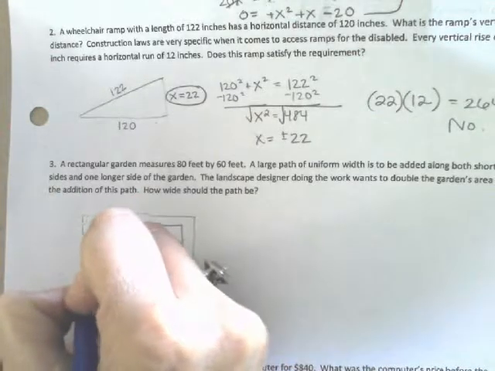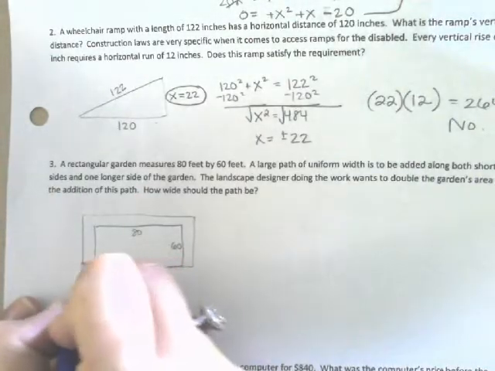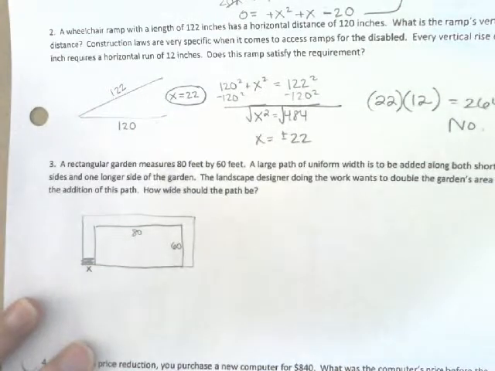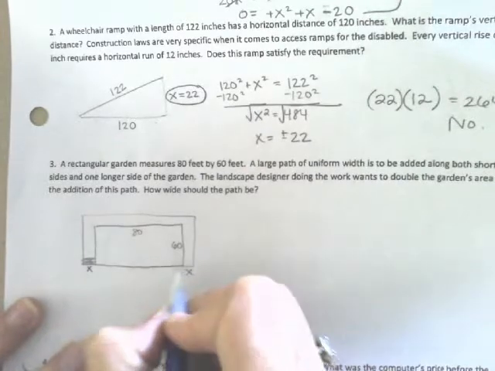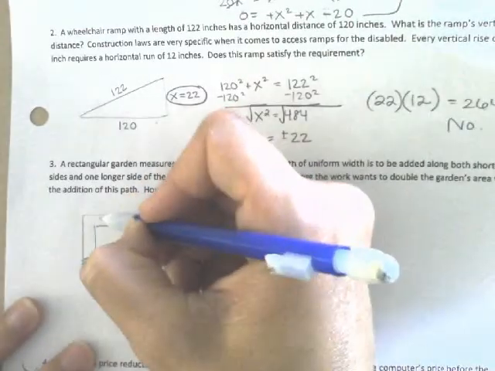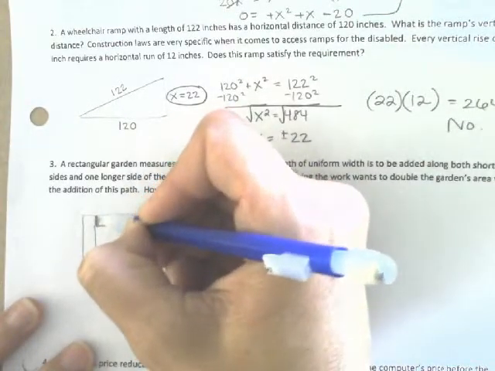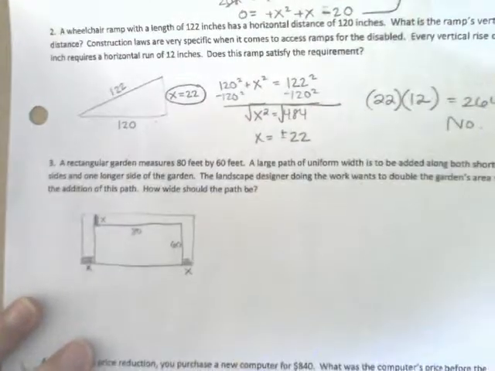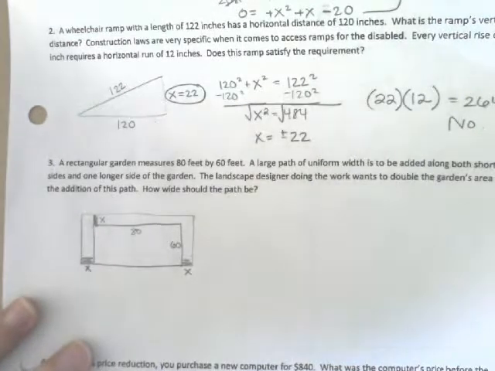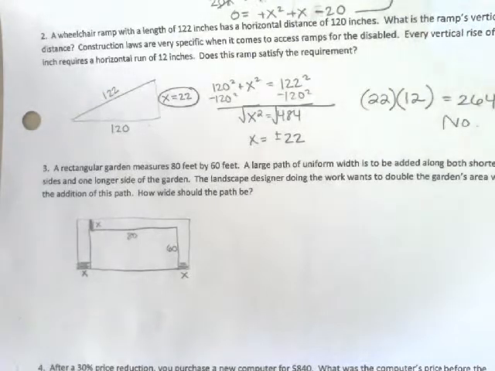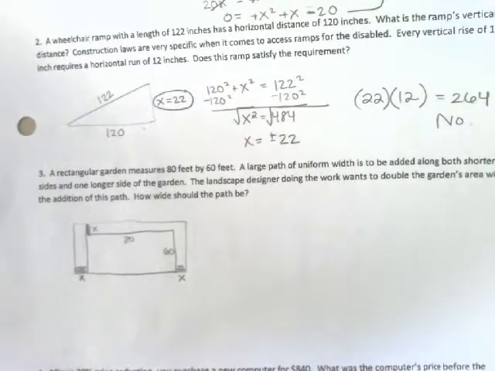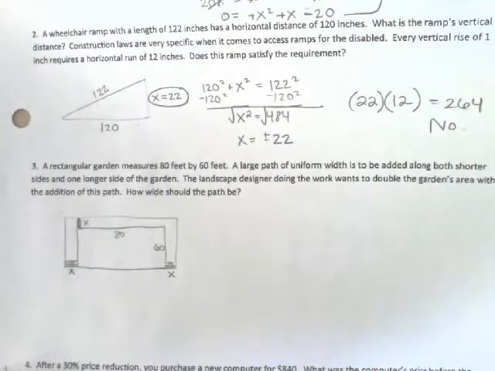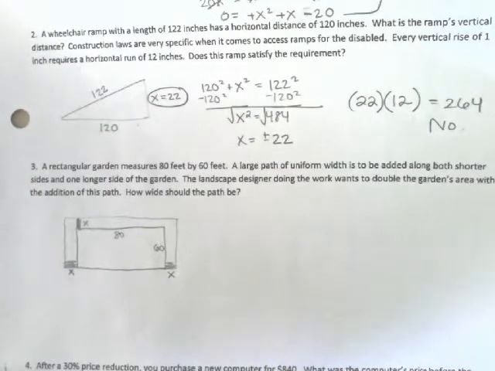So this width here is X. That's how wide our path is. So that means this is X here, that width, and on this one, this is X here. The landscape designer wants to double the garden's area when he adds the path.